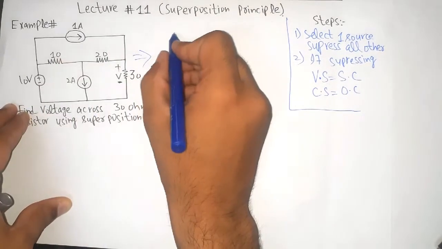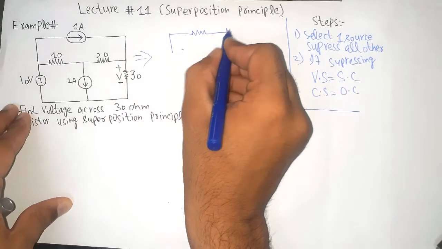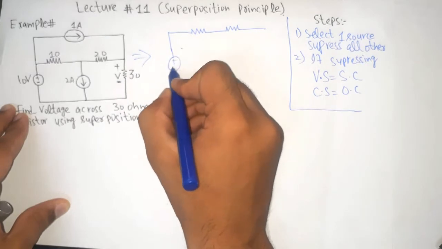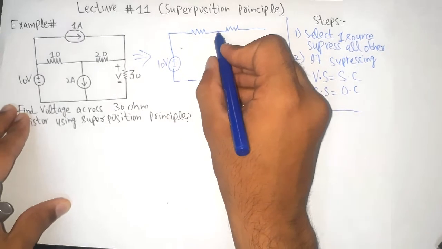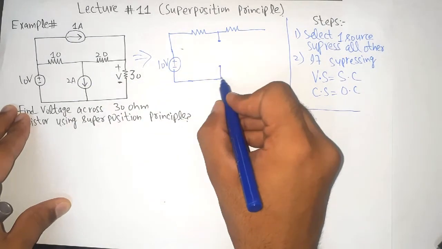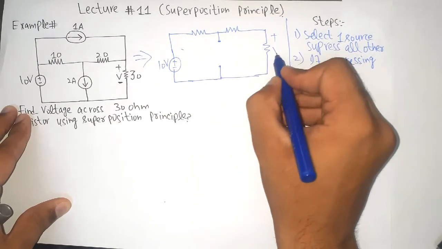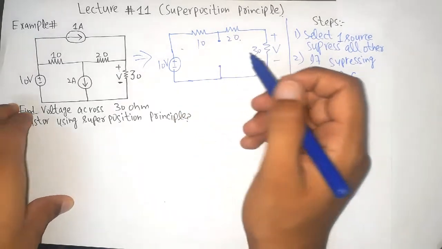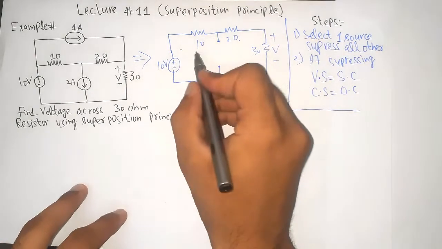We will open this current source, so it remains open, and here 10 volts, and we will open this current source. So here we need to find current in this circuit.